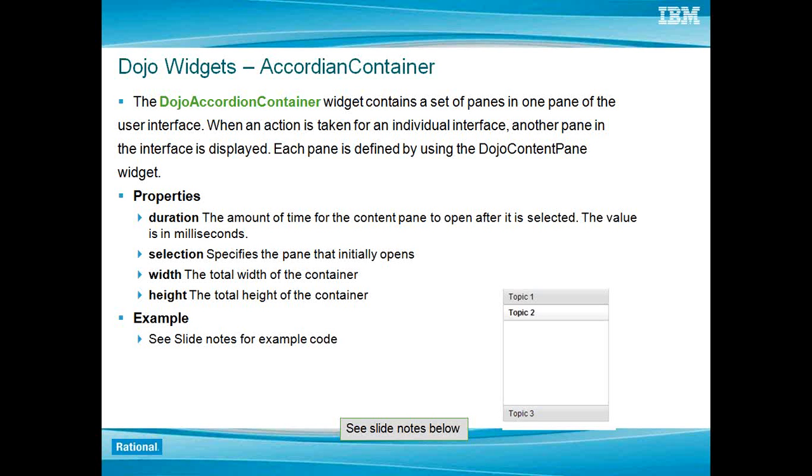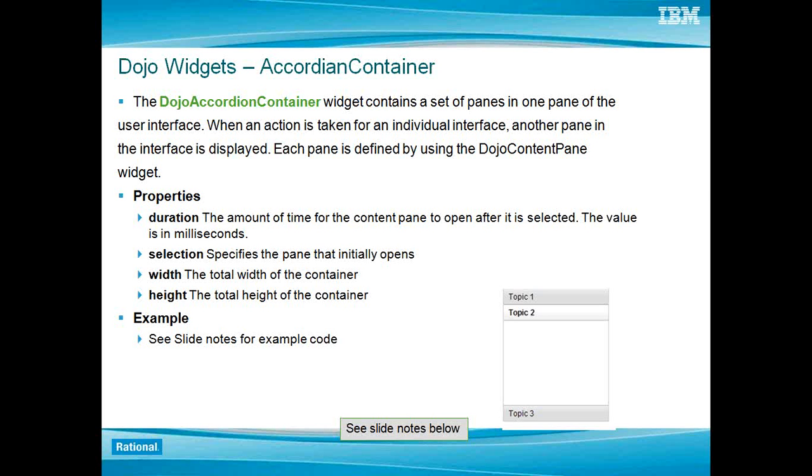And there are some properties of this accordion container, like duration, how much time it will take to open a new panel. For example, we have three panels. If you see here on this slide, we have topic 1, topic 2, and topic 3. If I click on topic 1, how much time in milliseconds will it take to open the topic 1 panel? It can open instantly, very fast, or it slowly opens the panel with slow animation.